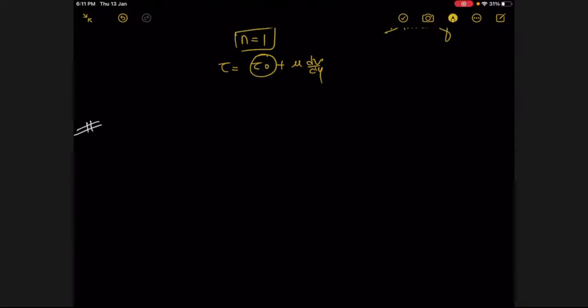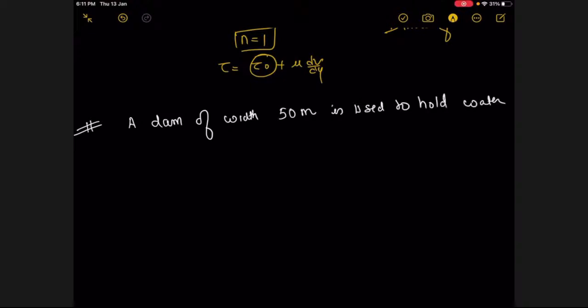Then on the basis of static fluid, a question can be asked: a dam of width 50 meter is used to hold water in a reservoir.